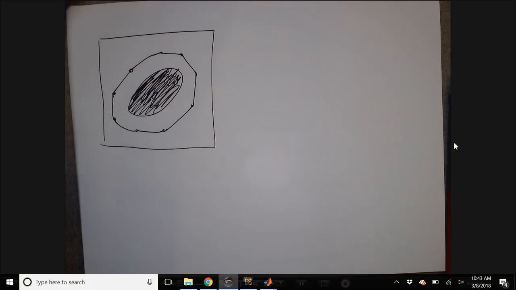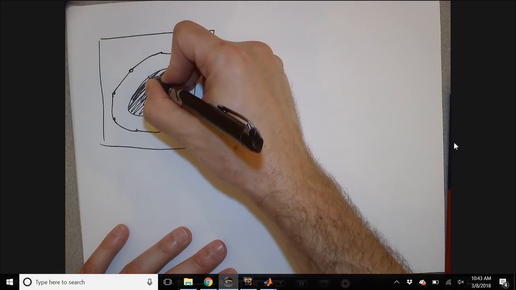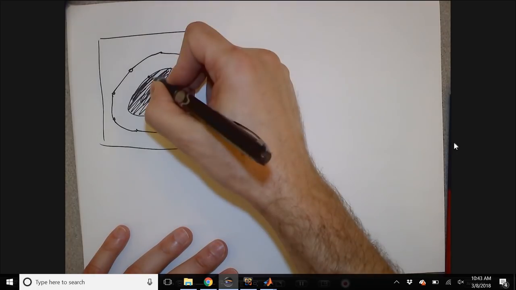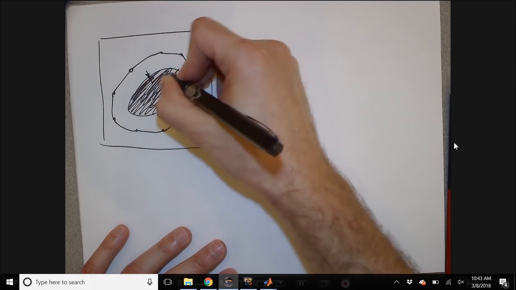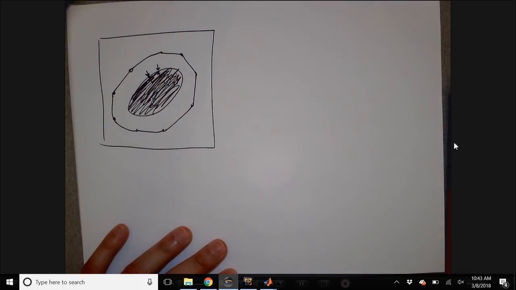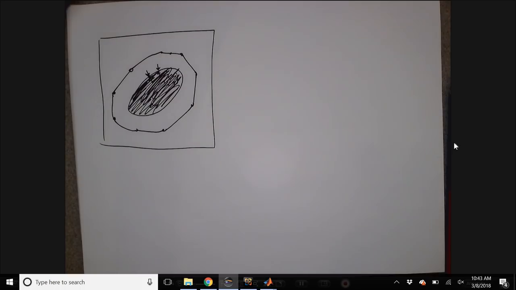Well, what's happening? The gradient here is great. Everything is going to be pulling things into the boundary when I'm right near the edge. But out here in the middle of nowhere, the gradient is 0, right? I'm in a flat region, and there's 0 gradient, and so the snake is not inclined to do anything.